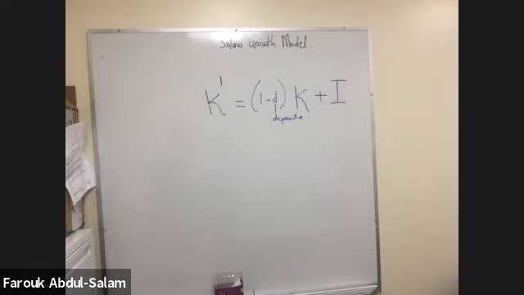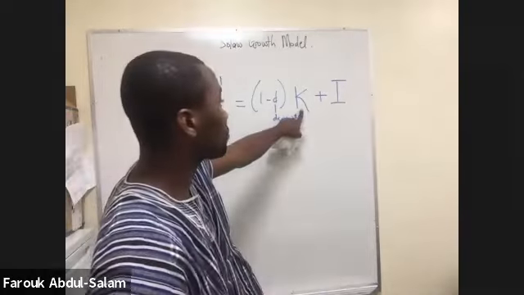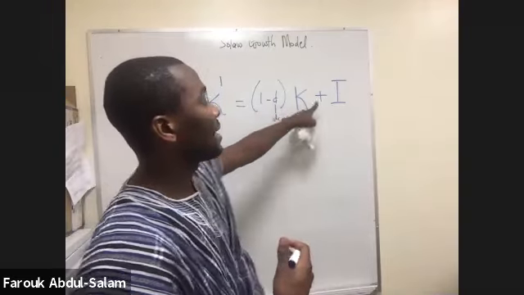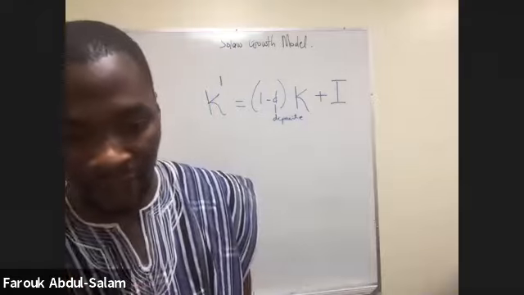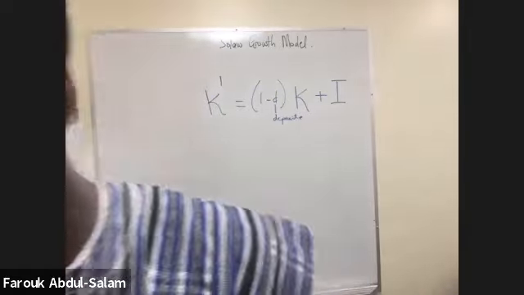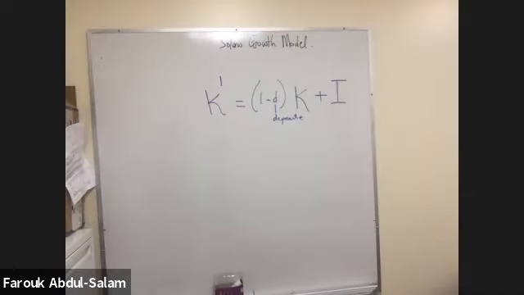So your capital for tomorrow depends on the capital that you have for today, taking into account the depreciation, plus the new investment that you've done in acquiring new capital. So this is going to be an important equation. It will help us define almost all the equations that we need henceforth.